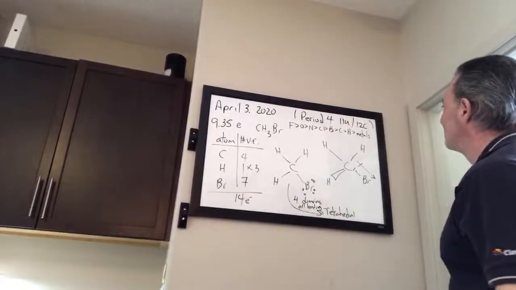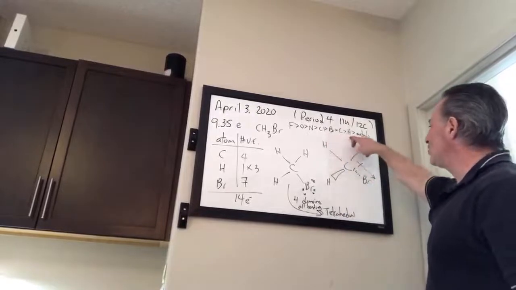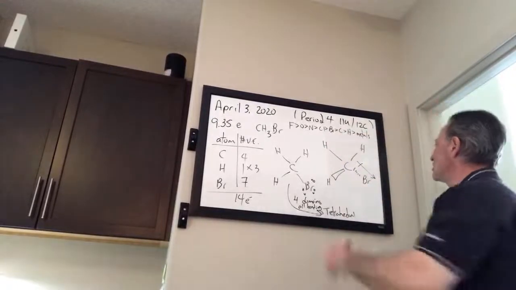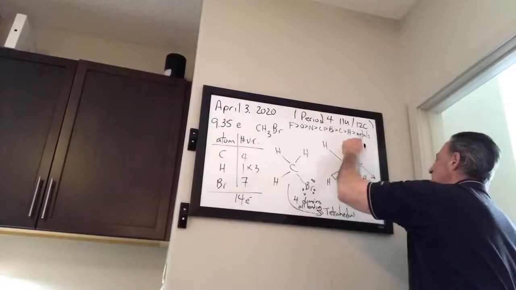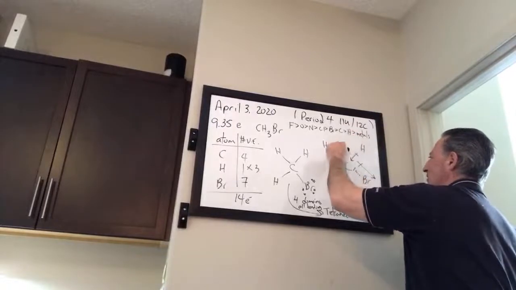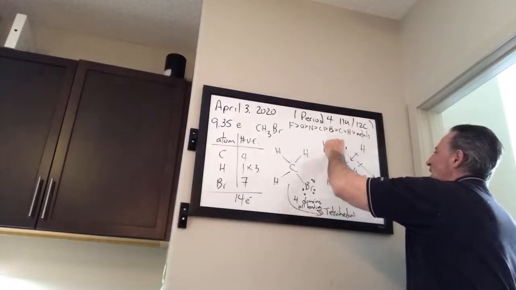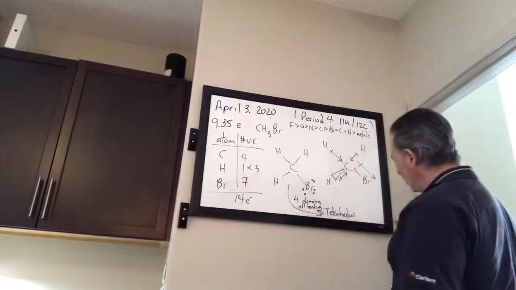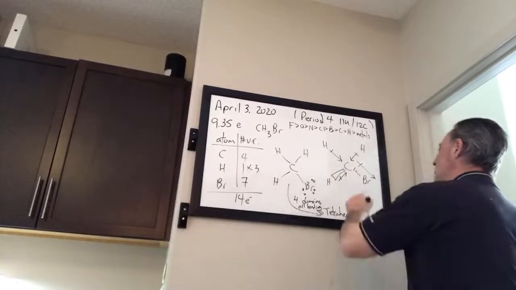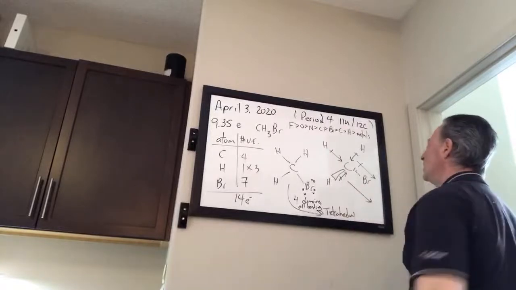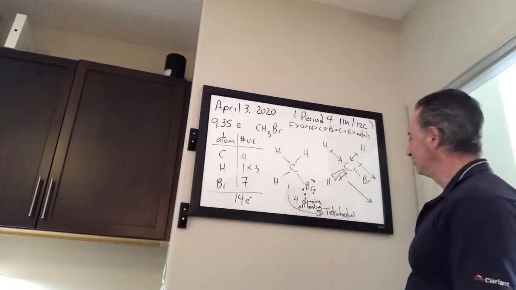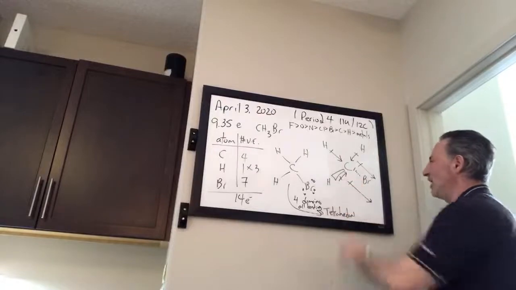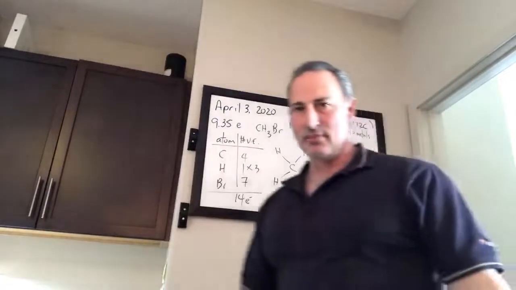So, the hydrogen is less electronegative than the carbon, so the dipoles will be weak to begin with, but they'll tend to point towards carbon. And then the bromine as well is pulling it that way, so the resultant will be that way. Okay, so there is a resultant dipole. Bromomethane is polar.